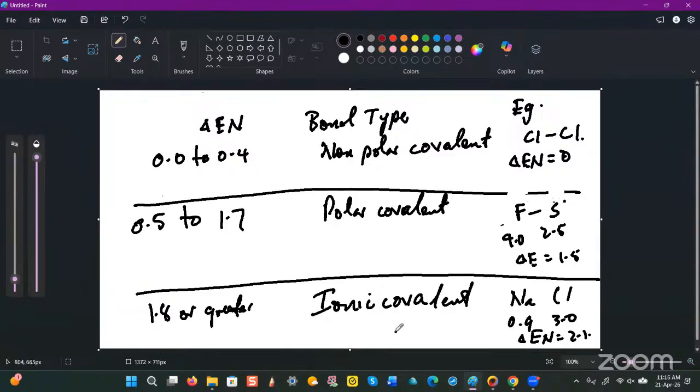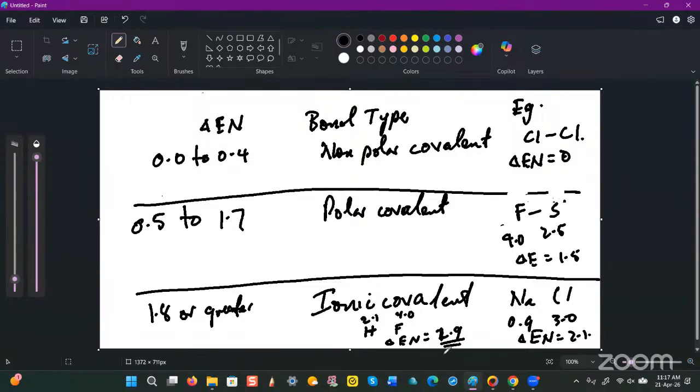The one that we looked at earlier, which I mistakenly used for the second example. What was it? Hydrogen, fluorine, right? Hydrogen is 2.1, fluorine is 4.0. The difference is 1.9, so that would be considered to be ionic based on the criteria here.